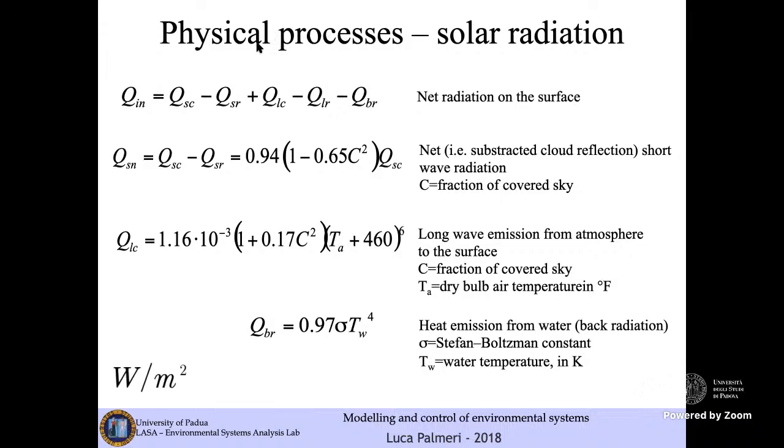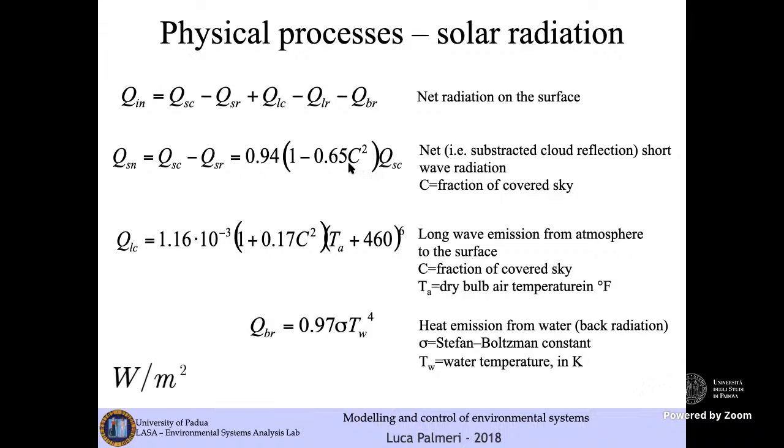Then we may express all these terms. We may subdivide these terms. For example, we may calculate the net short wave radiation, so net meaning subtracted the cloud reflection. So what arrives on the surface of the planet once radiation has been reflected by the clouds, and you make the net short wave radiation depending on the cloud covering.